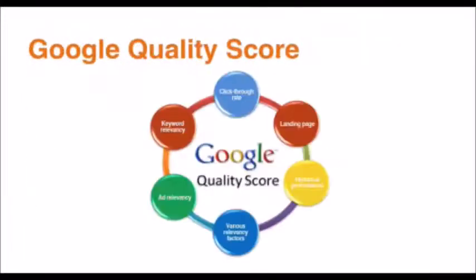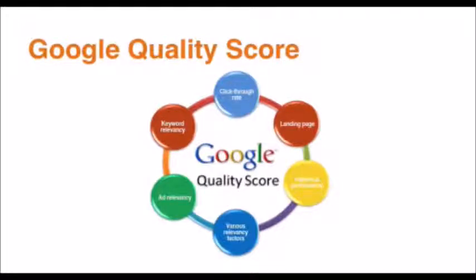So what I mean by their rules, Google has this thing called quality score. And that's how they determine how your ad is performing in their network in terms of an overall experience for the actual user of Google, the actual searcher.